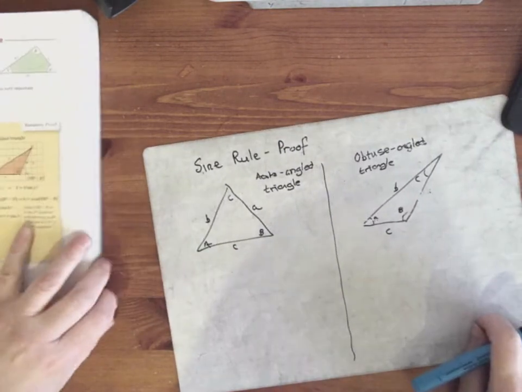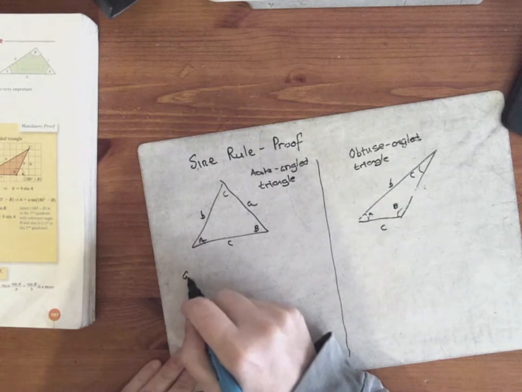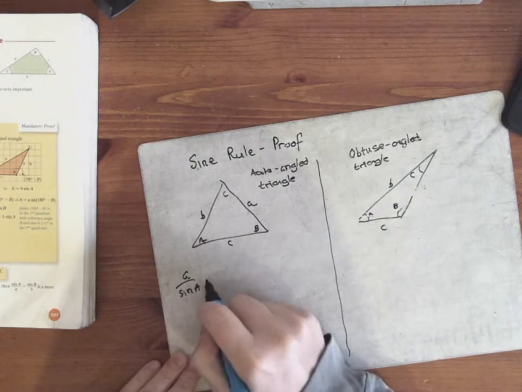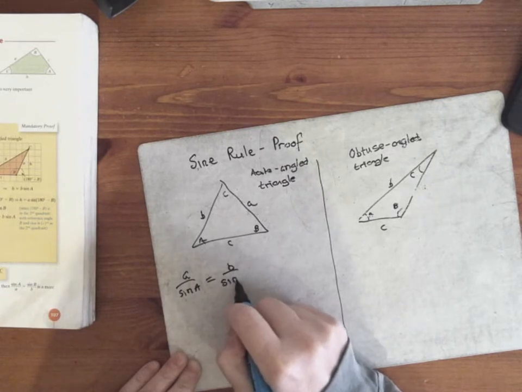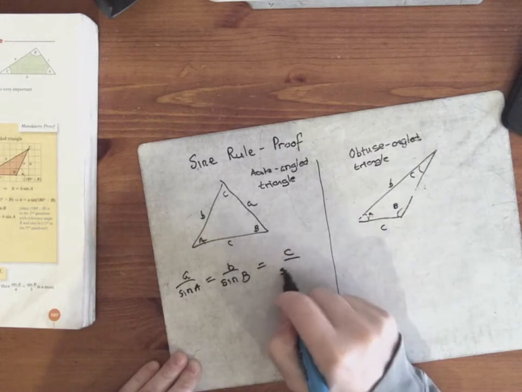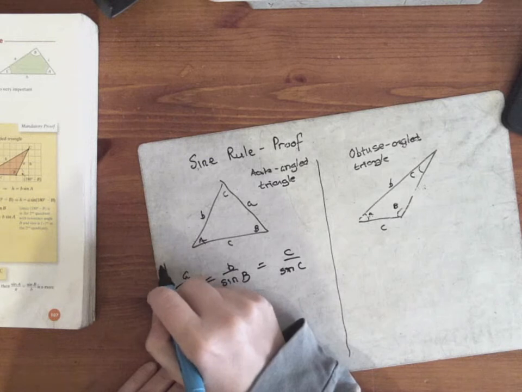So, right, first thing that we have to do is prove the sine rule. Remember the sine rule was A over sine A equals B over sine B equals C over sine C, right? Remember that's the sine rule, so that's what we're trying to prove, right?